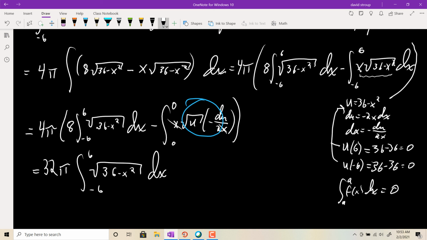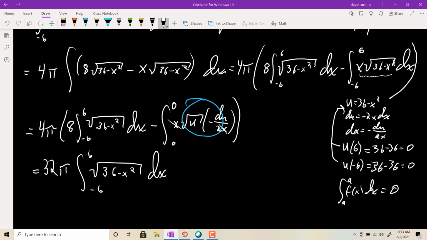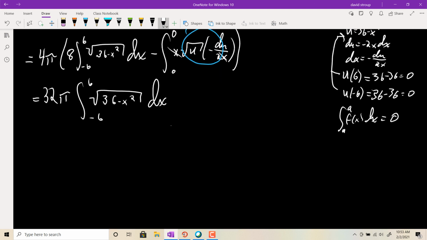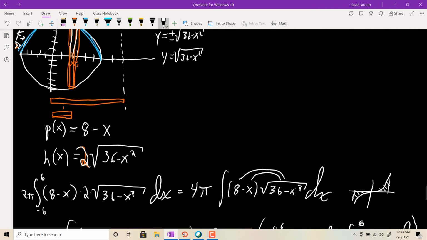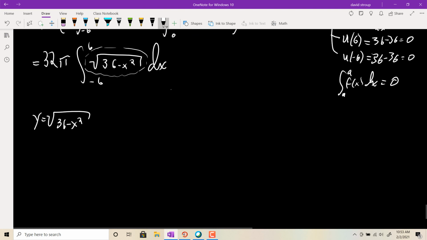You'll see in the homework, they give you a hint that this integral is the area of a semicircle. The integrand here is y equals square root of 36 minus x squared. And if you look above, that's just that blue curve there. That's the upper semicircle.